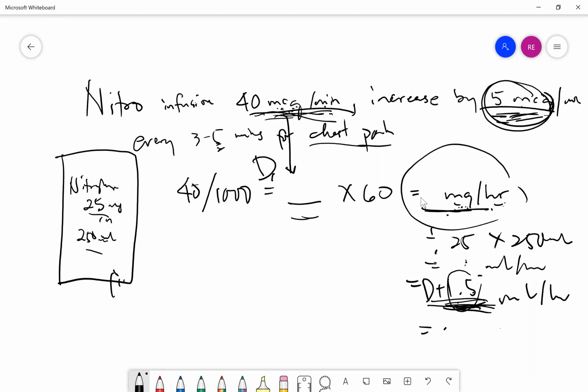So besides your nitro, the patient will also be receiving heparin, also in a continuous infusion. And they'll just stop the heparin when they reach the cath lab, when it's time to make the incision in the radial artery or in the femoral to insert the catheter. Then they'll just stop the heparin infusion.